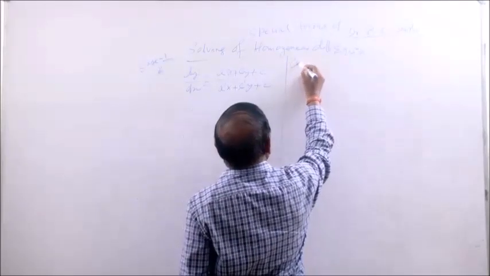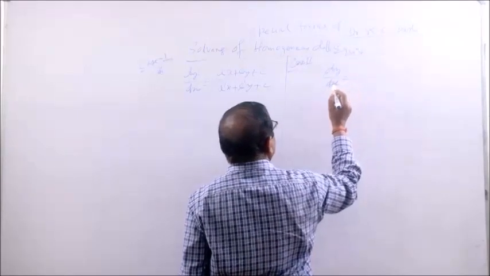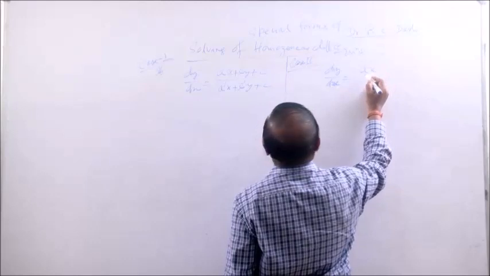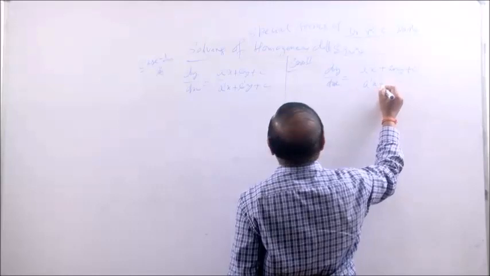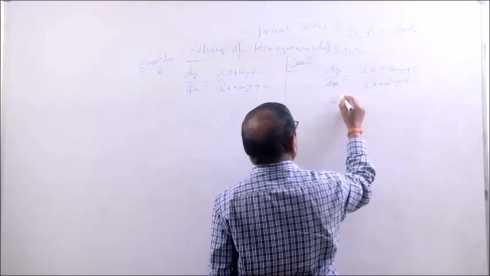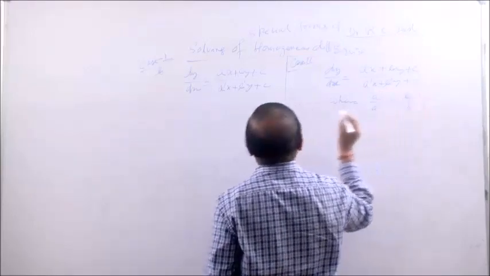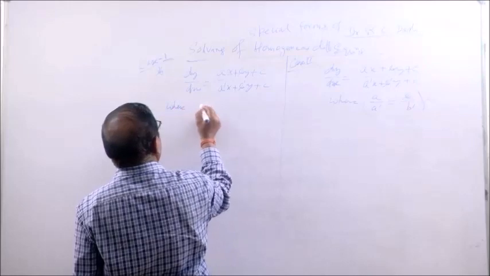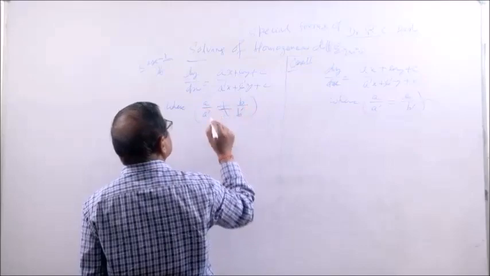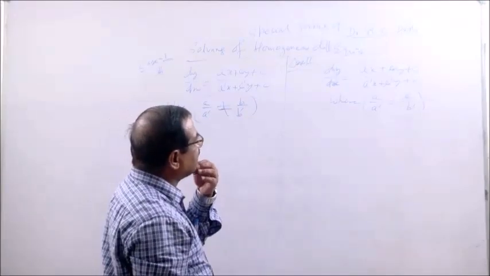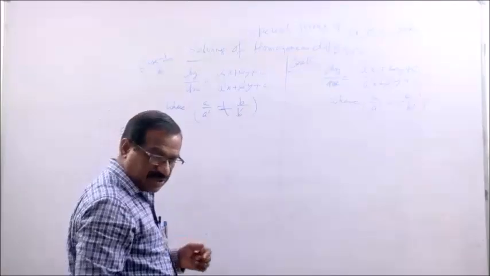And case 2 is dy by dx is equal to (ax plus by plus c) by (ax plus b dash y plus c), where a by a dash is equal to b by b dash. Here a by a dash is not equal to b by b dash. There are two different cases. So, we will take two different example problems so that it will be clear.